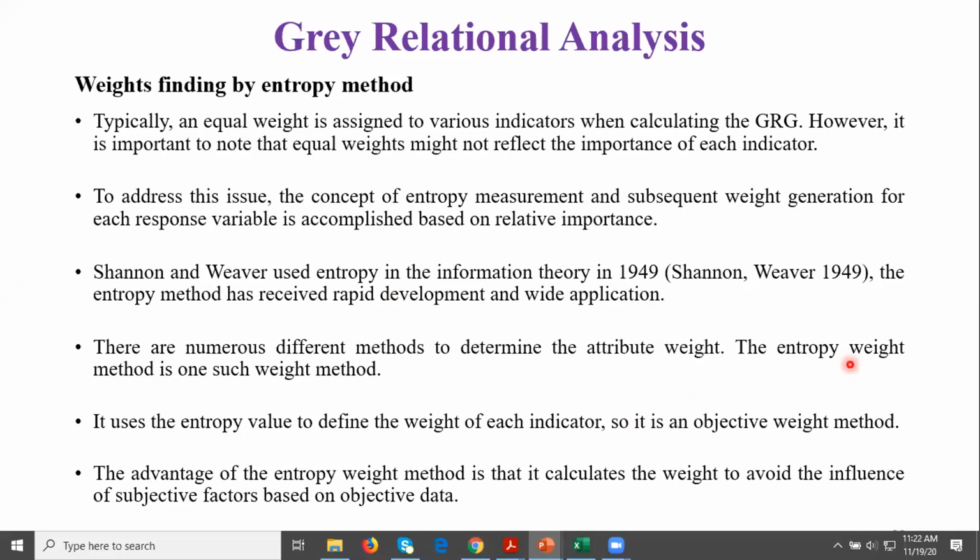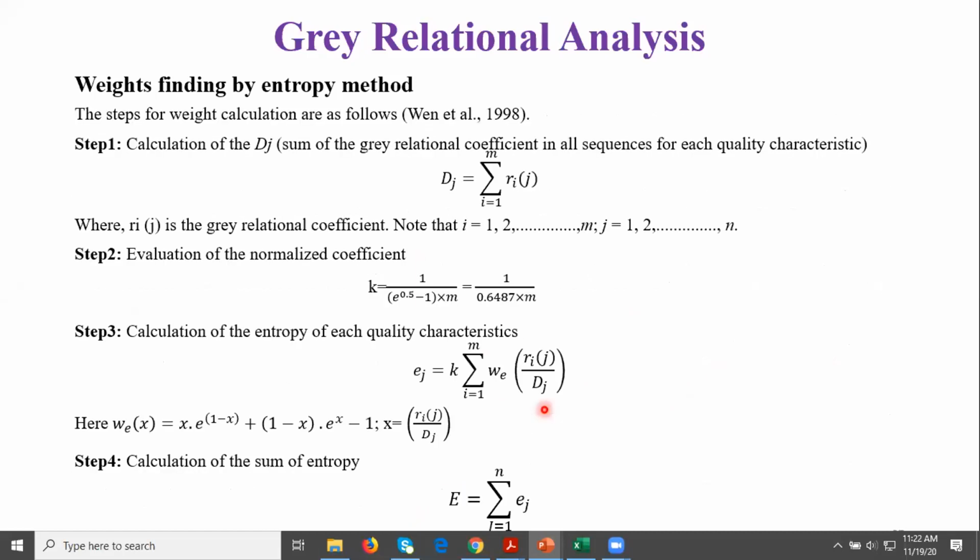This entropy method uses objective data, which means you can calculate the entropy values automatically. For that there are a few steps, and I will explain them here. First we have to calculate the D sub x, sorry, the gradation coefficients.